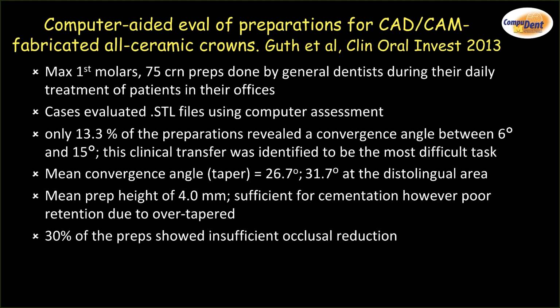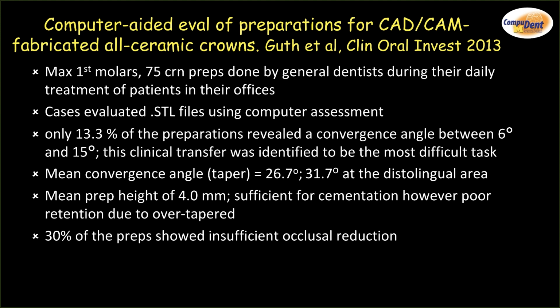They discovered that only 13% of the preparations had a convergence angle between 6 and 15 degrees. As I mentioned, visually, those look very parallel to us, and we tend to increase the taper. And so the authors identified this as one of the most difficult tasks, to get a nice taper to the preparation, especially if you look at the distal lingual area of the tooth, which is the hardest for us to see and access.